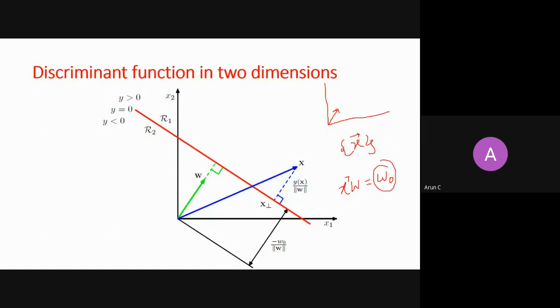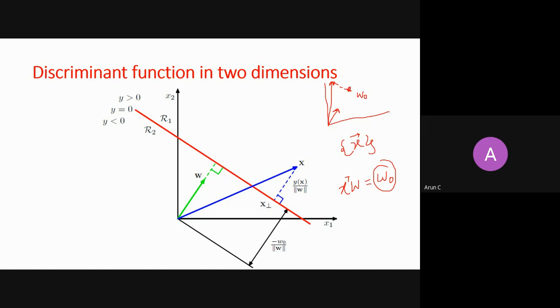Because I am talking about projection on W, it will come somewhere, let's say, till here. This is the length of W0 from the origin. So I am talking about all those vectors x. Let's say one of the vectors is this one. When you project this vector x on W, the shadow will fall somewhere here, till here.